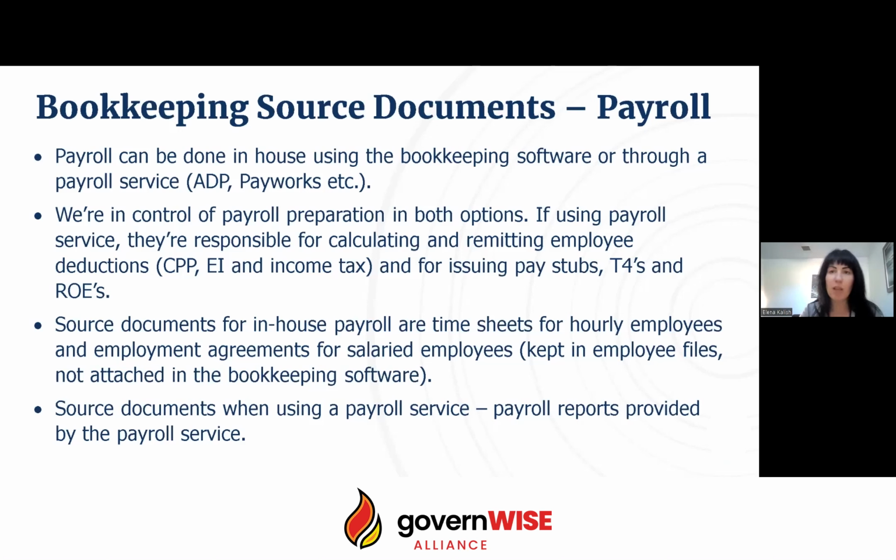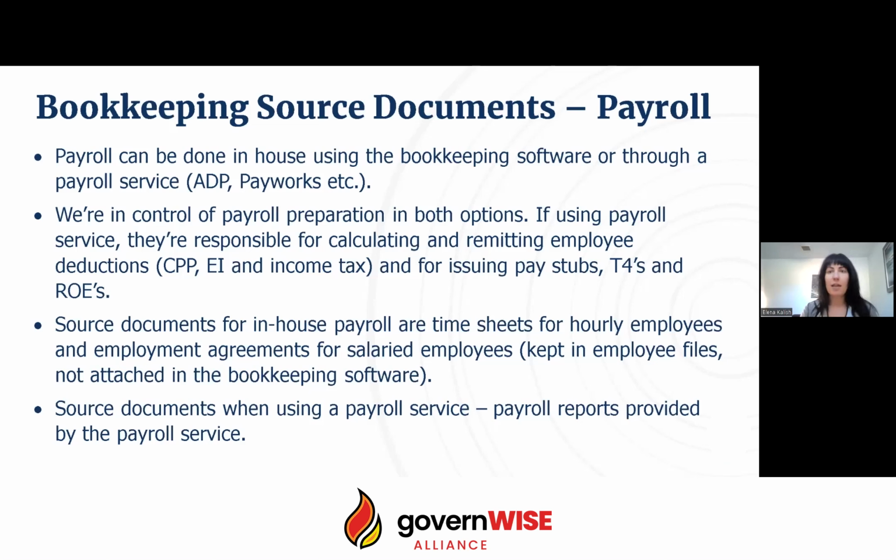If we're using a payroll service, we receive payroll reports after every payroll. Those payroll reports would normally include what's called a journal entry, which is basically a transaction we can follow and enter in our accounts and system to record that payroll.